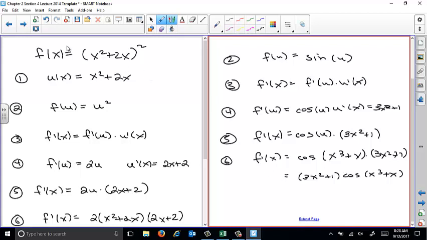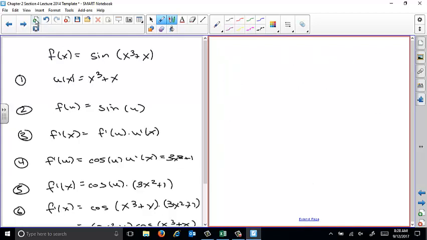Now, here's a little background. That's the mechanics of doing it. One way it's described is, when you take dy dx, so you're taking the derivative of y with respect to x, you can take the derivative of y with respect to some intermediate variable u, and then multiply that by the derivative of u with respect to x.